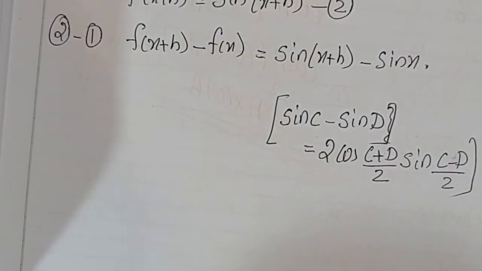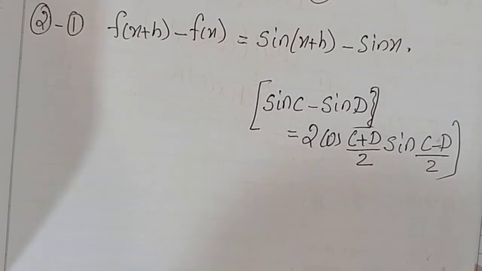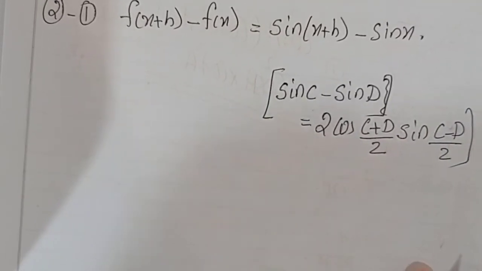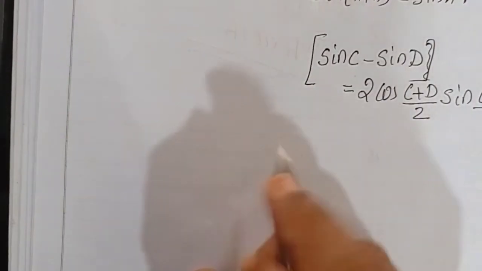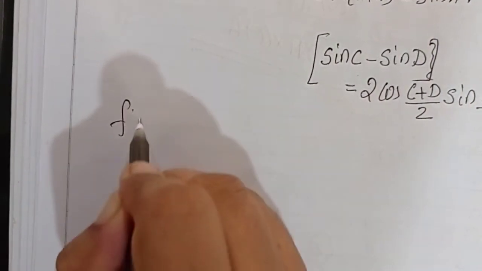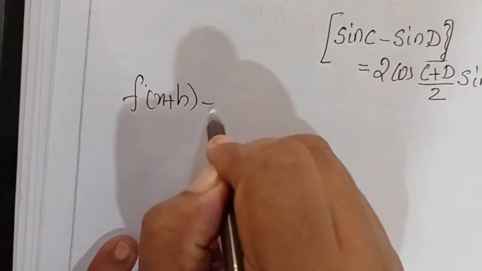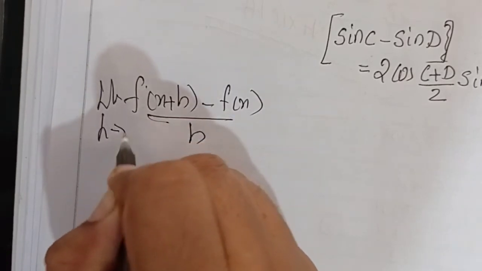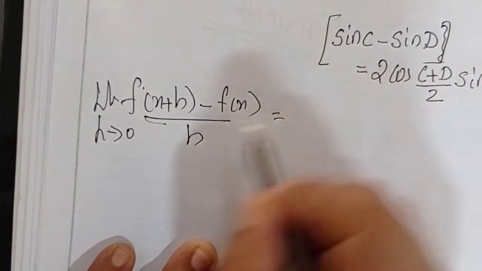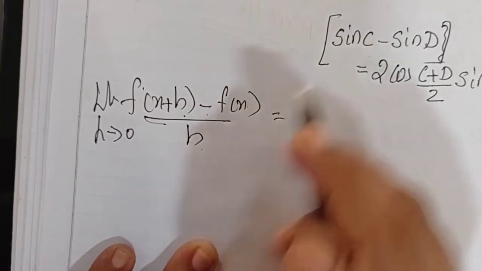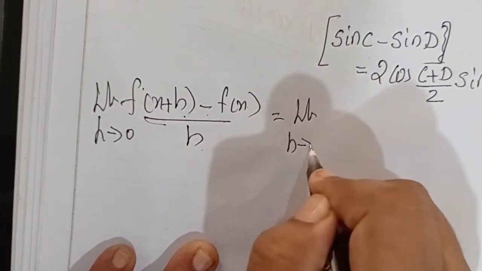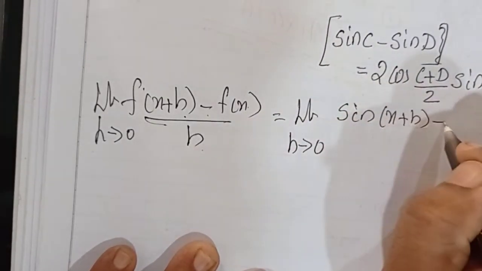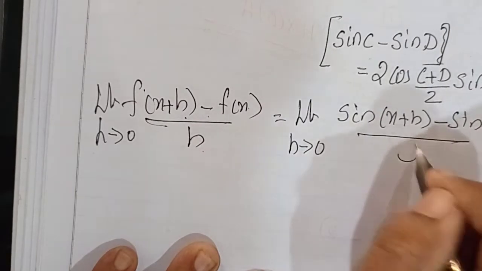Then look here. F of x plus h minus f of x by h. We can apply limit also. Limit h tends to 0, f of x plus h minus f of x by h is limit h tends to 0, sin of x plus h minus sin x the whole by h.